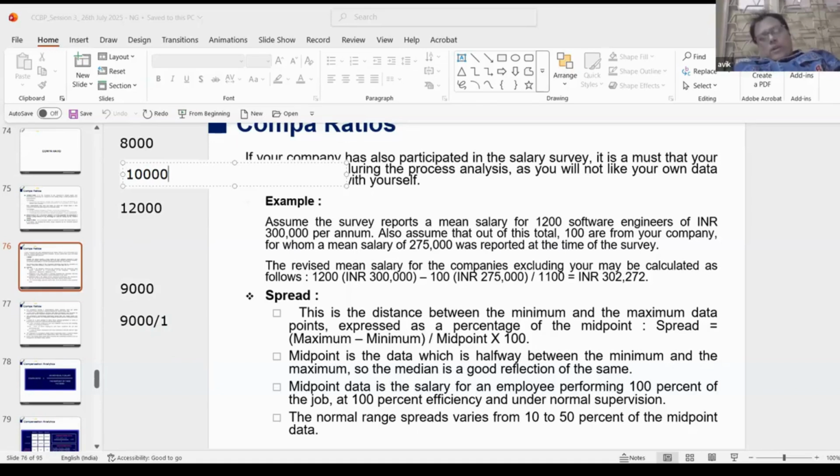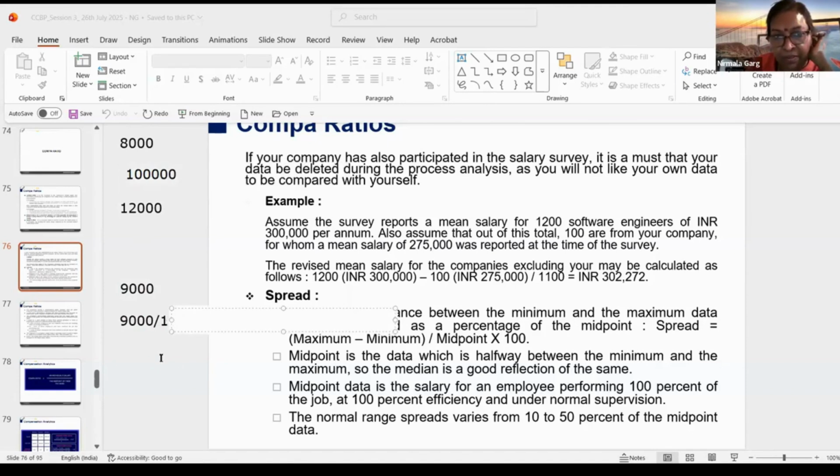Got it. I'm so sorry. So it's 9,000 divided by 10,000, multiplied by 100. So it will be 90%.